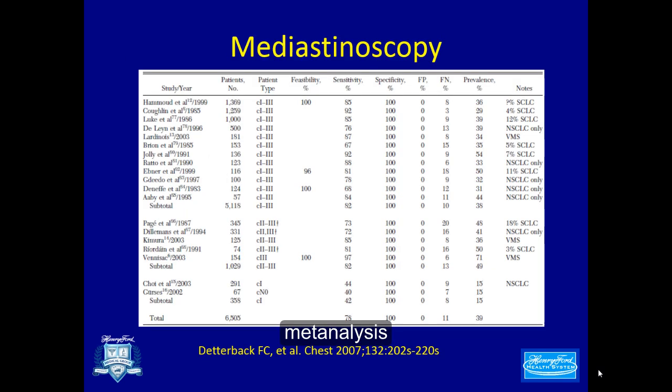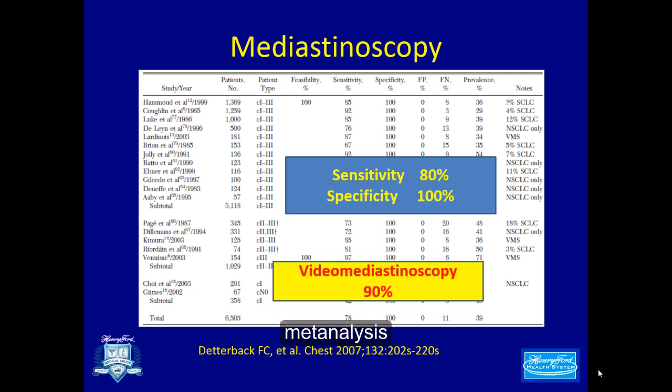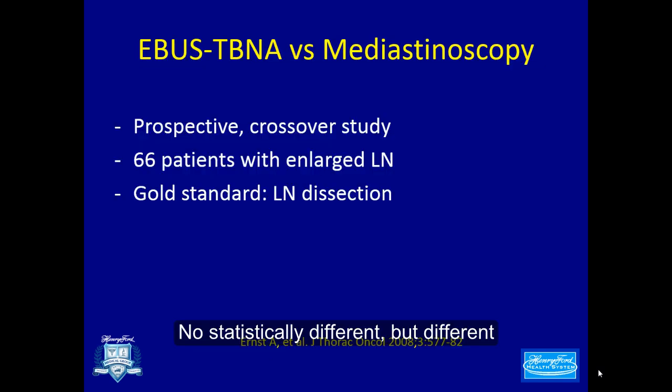Cervical mediastinoscopy gives you a sensitivity of 80%, a specificity of 100%, and video mediastinoscopy is 90% sensitive. Of course, the surgeons like to do this in some places. Here, rarely do you end up having a mediastinoscopy.